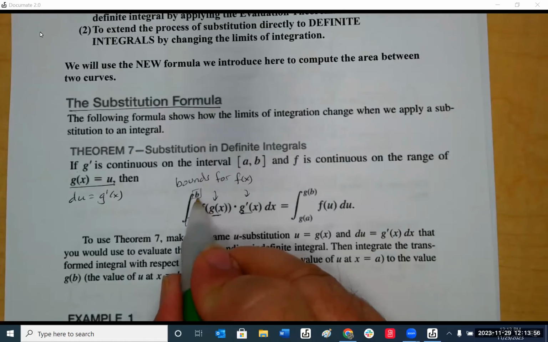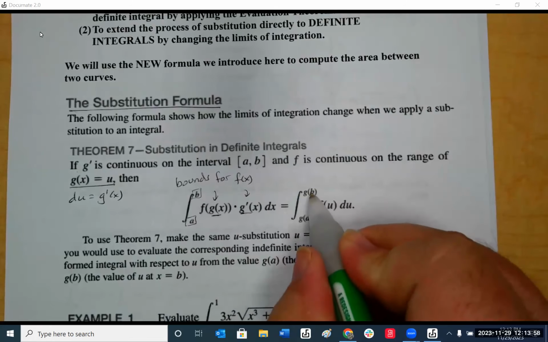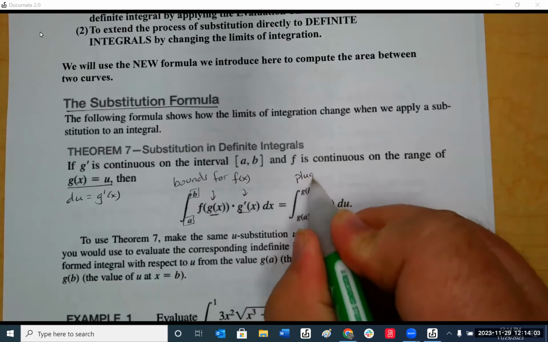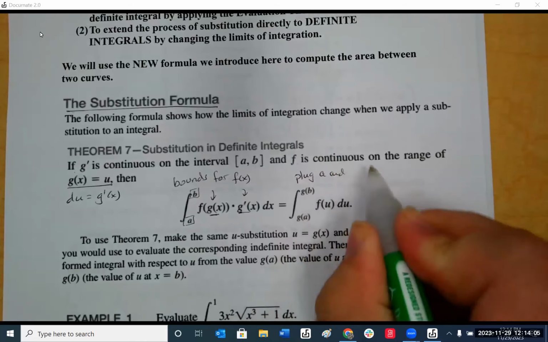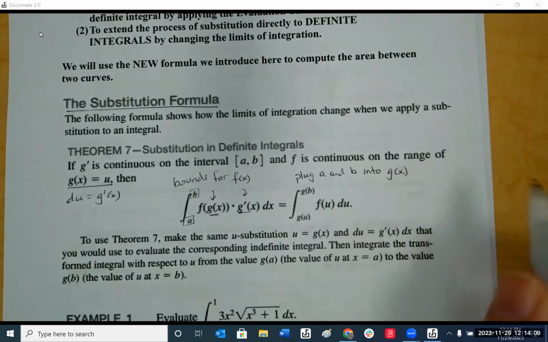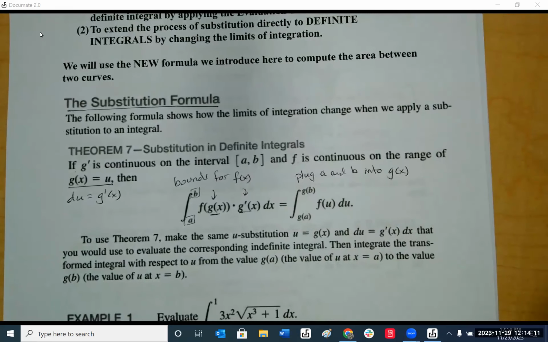So all you do is take the a and b and plug them into G of x to get those two new bounds. Whenever you use substitution, always change the bounds of integration, because that's really not what you're integrating by.